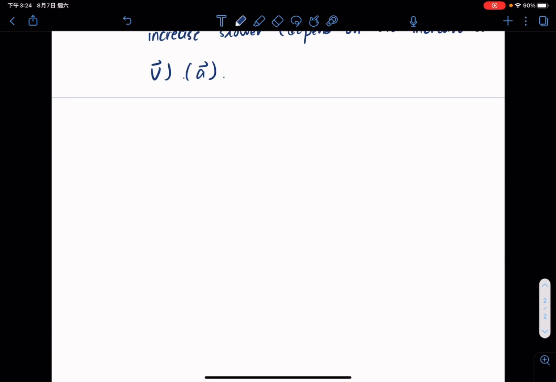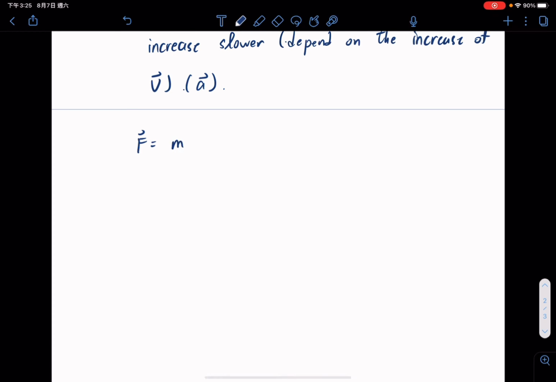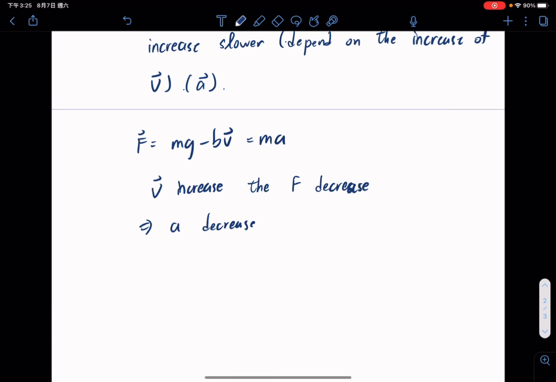The acceleration is proportional to the total F, which is mg minus bv. As a result, as v increases, the total F decreases and the acceleration decreases.